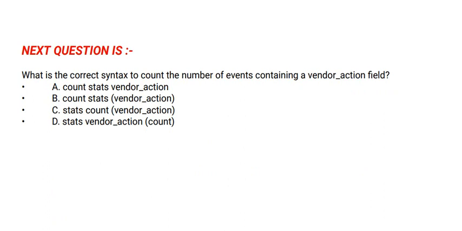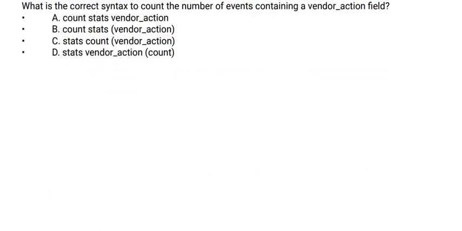Option C, stats count bracket vendor action bracket close. And option D, stats vendor action bracket count and bracket close. The correct option is option C.